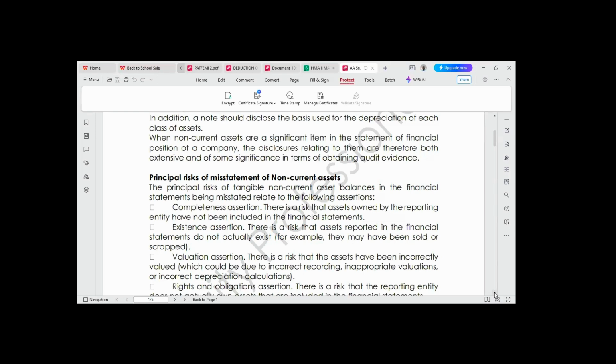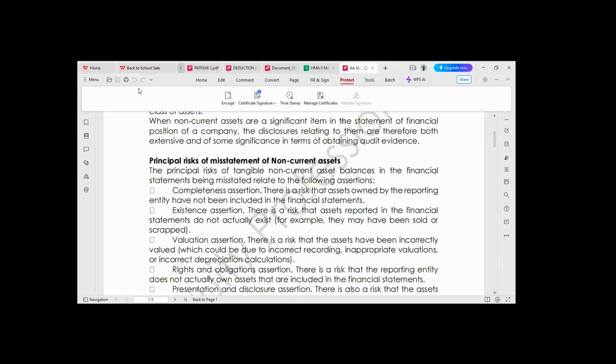Rights and obligations assertion. Rights and obligations assertion is the risk that we discuss in the course of discussing valuation. What that means is that there are times where you have assets that you cannot acquire, so what you do is lease those assets because you want to generate economic benefit. Any machine or equipment that you use to generate economic benefits is known as what?